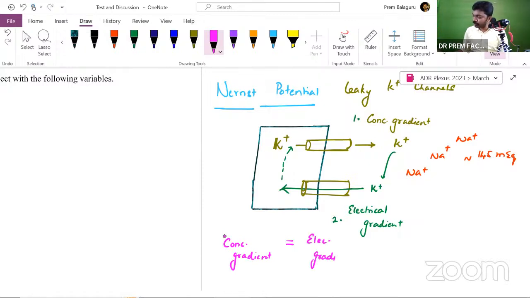When these two forces are getting balanced out and equalized, please remember, this will stop movement of the ion. So there is going to be no net movement of ions.